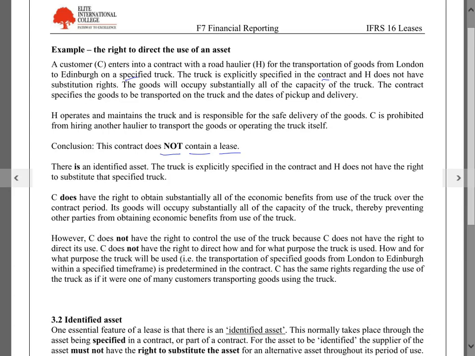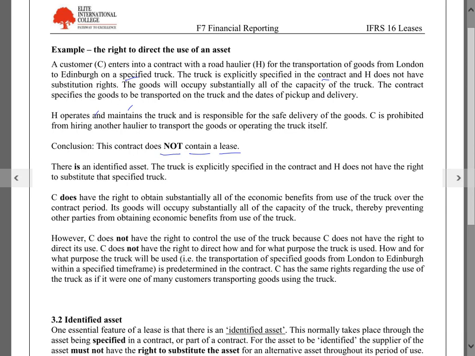Okay, the goods will occupy substantially all the capacity of the truck from London to Edinburgh using the specified truck, and the contract specifies the goods to be transported. What kind of goods are to be transported is in the contract. The haulier operates and maintains the truck. So now when we look at the control, has the right to use the asset been transferred from the haulier to the customer?